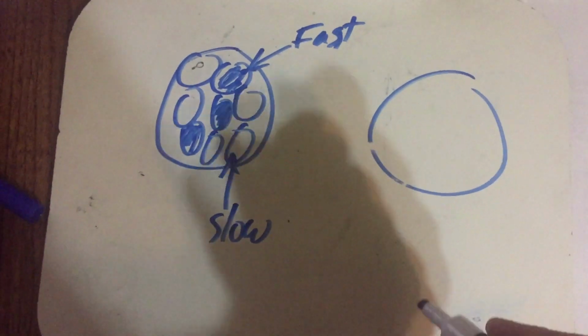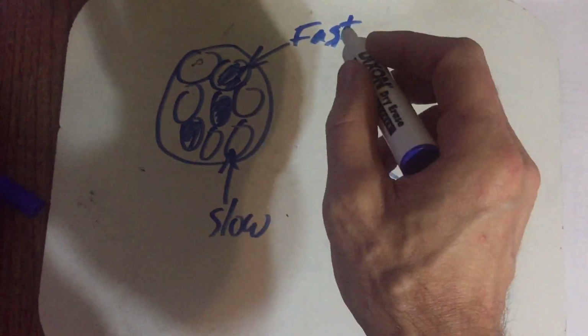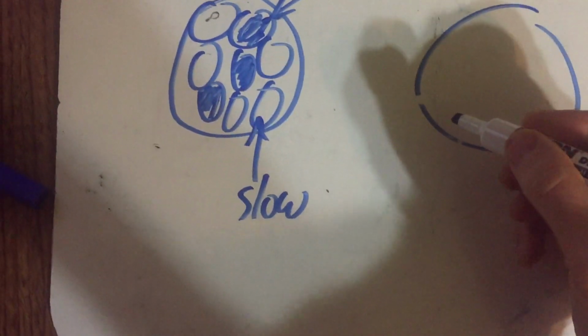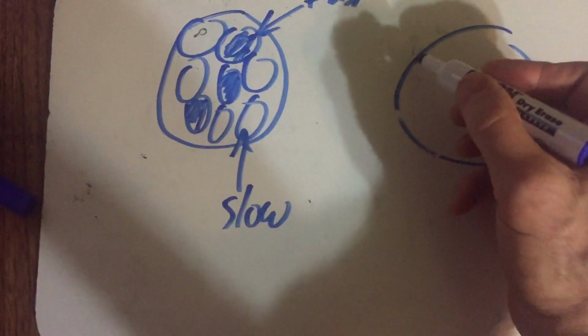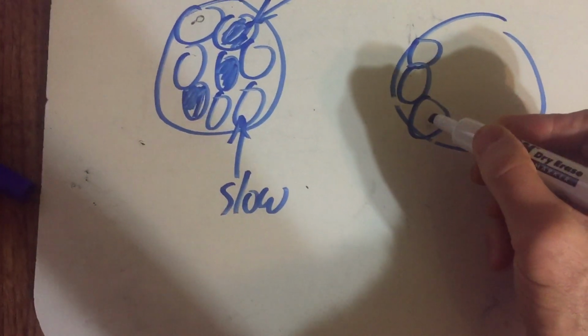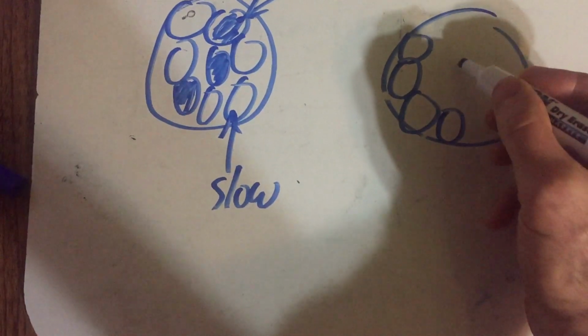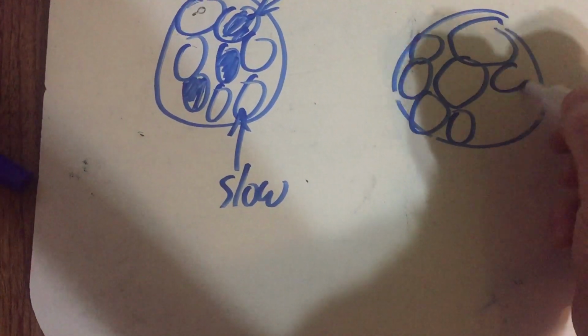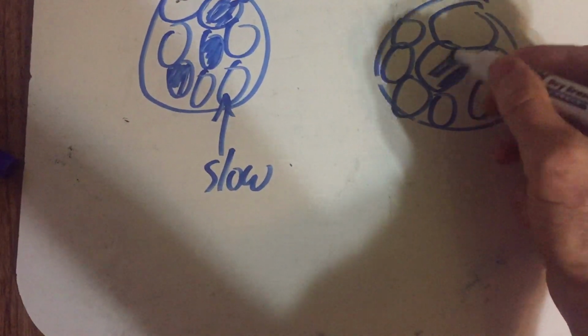So with resistance training, you get a conversion from fast to slow. In this case, you could have something like this. You get your slow fibers again. This one's converted to a slower fiber. But say these two have not been converted. So they're still fast fibers.